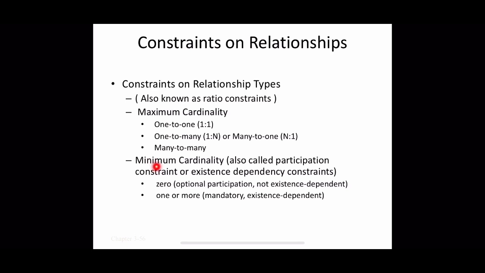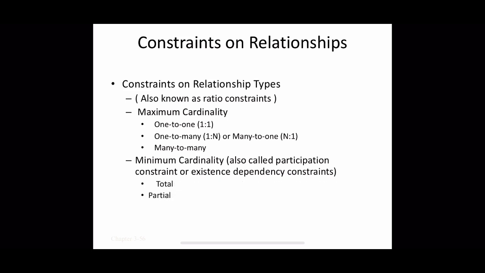Second one is minimum cardinality, also called participation constraint or existence dependency constraint. This specifies whether the existence of an entity depends on its being related to another entity via the relationship type. This constraint specifies the minimum number of relationship instances that each entity can participate in, and is sometimes called the minimum cardinality constraint.